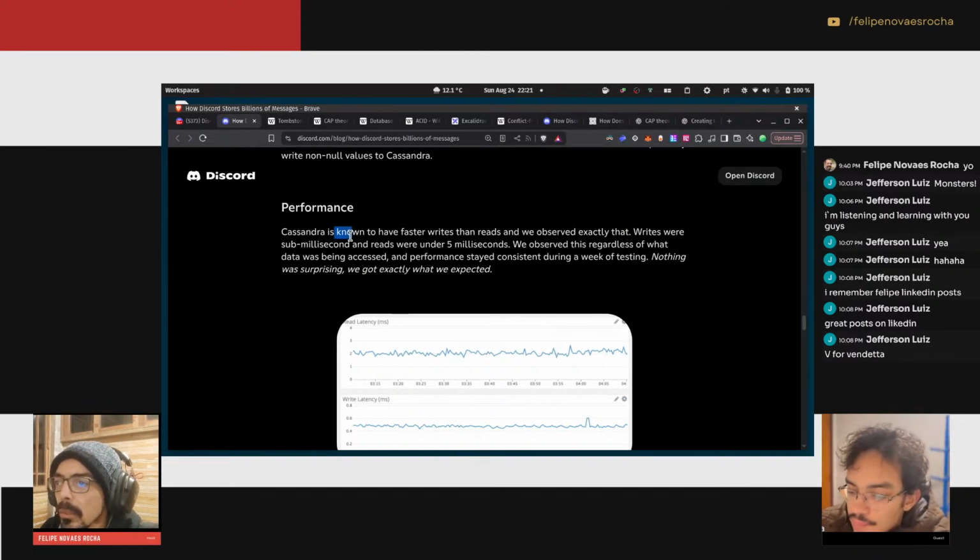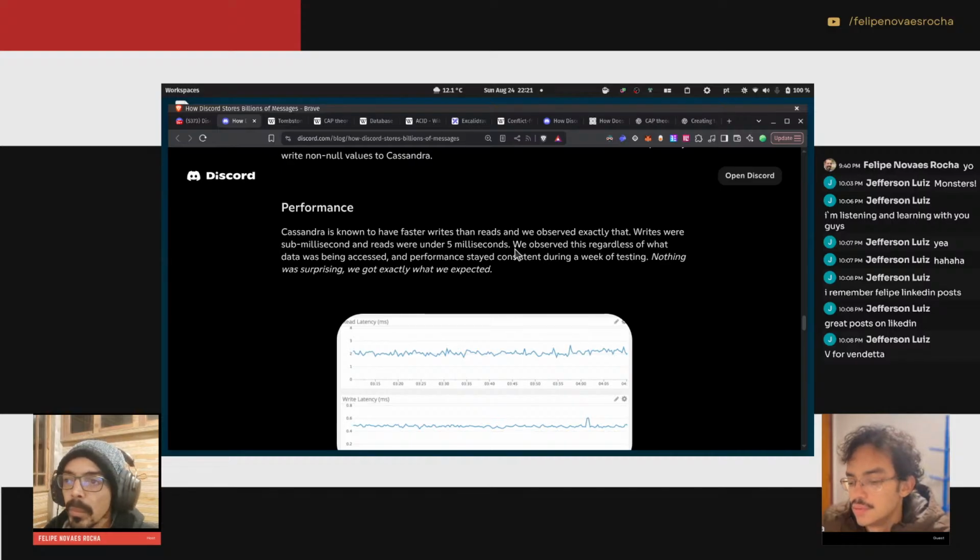Performance. Cassandra is known to have faster writes than reads. And we observed exactly that. Writes were sub-millisecond and reads were under 5 milliseconds. Oh, 5 milliseconds is a long time. Like bigger. Yes. In microseconds is how much? 5,000?